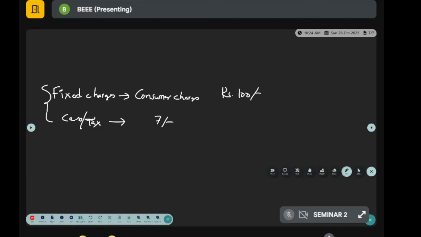These are the minimum charges. If you are consuming 0 energy, you will get a minimum 107 rupees. Okay, so this is about electrical bill calculation.